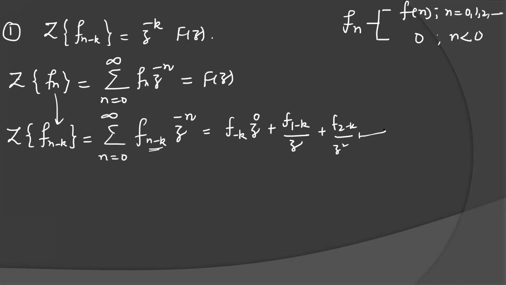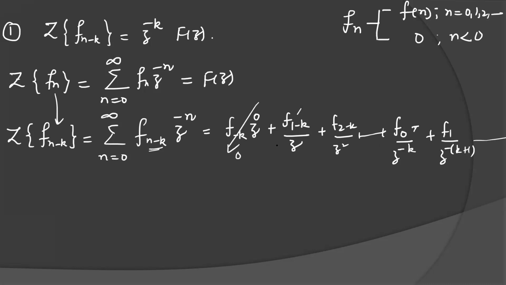When n equal to k, you will get f0 over z to the power minus k, plus f1 over z to the power minus k plus 1 when you put n equal to k plus 1, and so on.